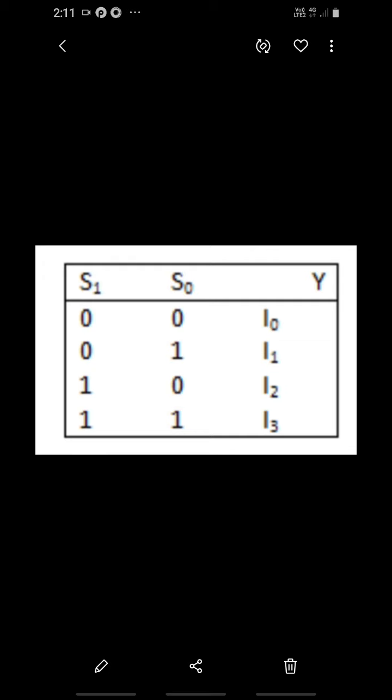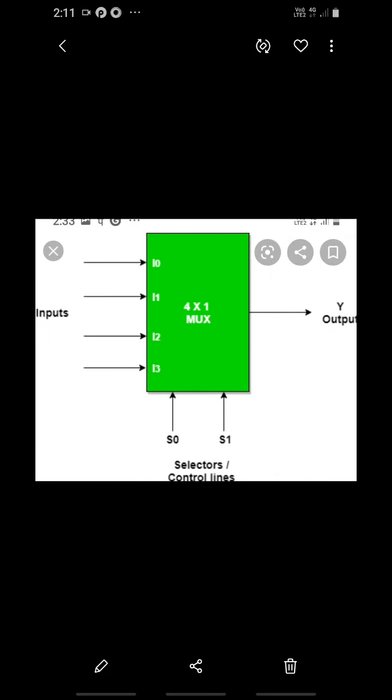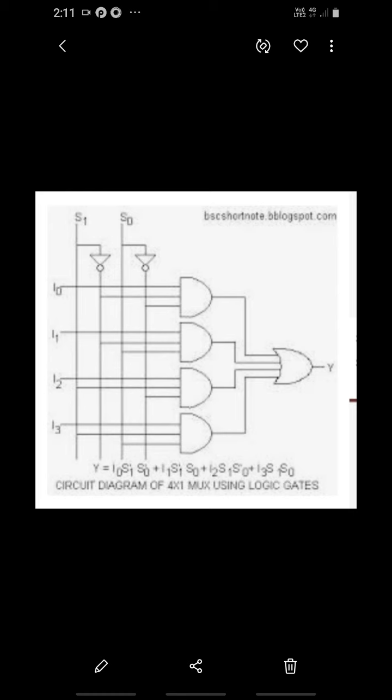So by using this output Y, you can draw the logic diagram of the 4x1 multiplexer. Here S0 S1 are the control inputs. I0 I1 I2 I3 are the different inputs. So you can draw I0 S0 bar S1 bar and draw the AND gate.